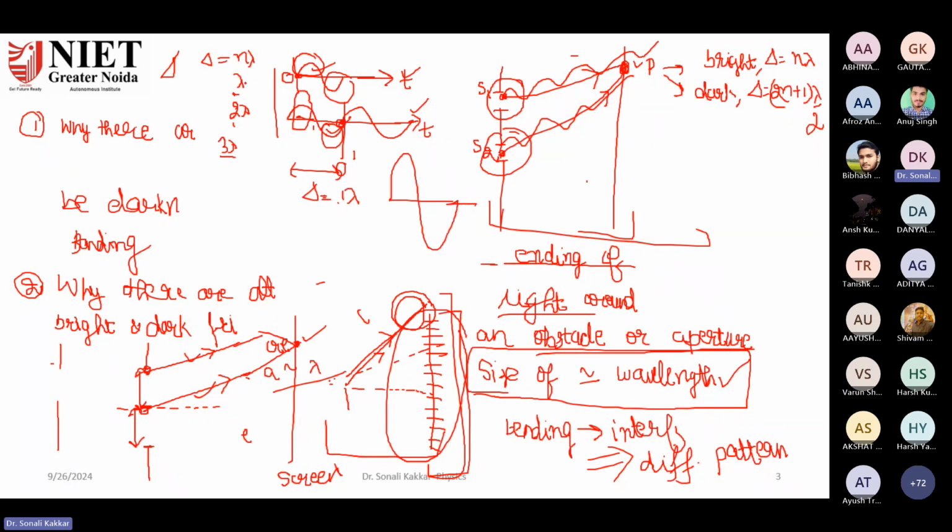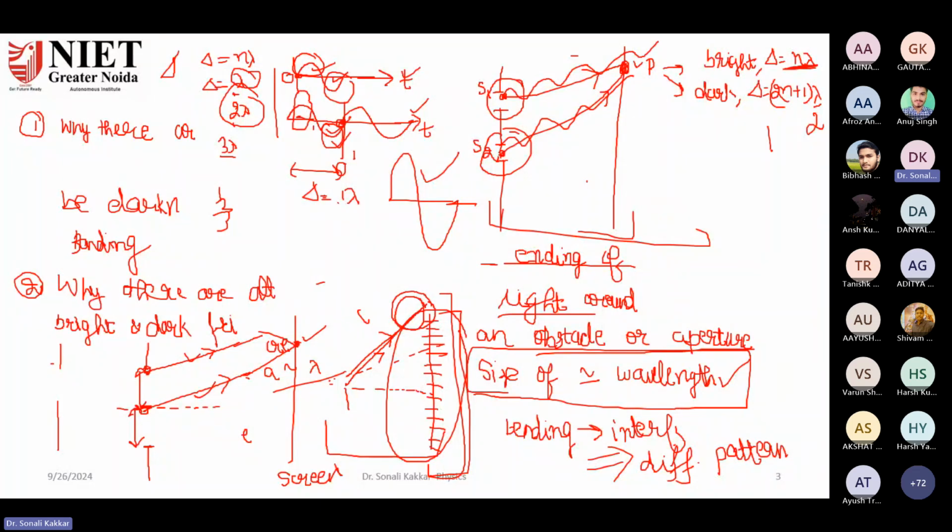That is how when path difference is lambda or 2 lambda, there is constructive interference, because when the path difference is a multiple of lambda, the crest always falls over the crest of the other wave and the trough falls over the trough of the other wave, which gives rise to constructive interference. So it should not be even, it should be an integer multiple. So there will be 1, 2, 3.